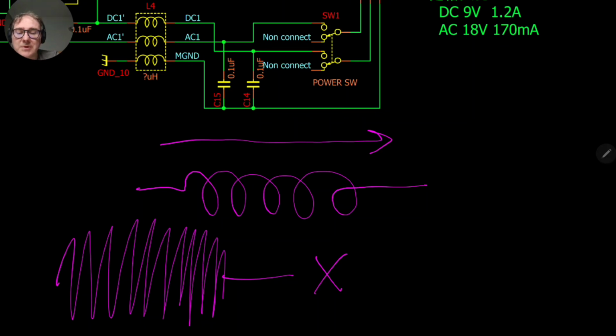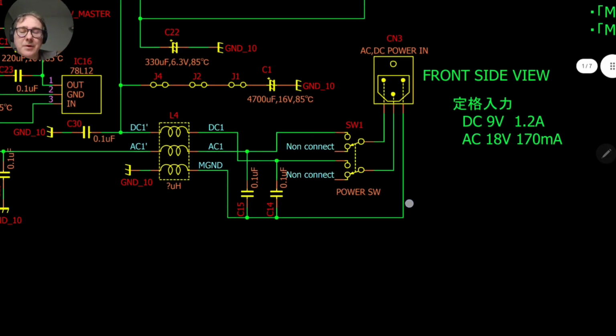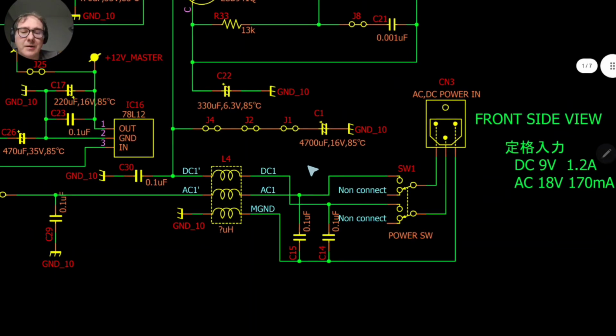In practice, what happens is that it generates a magnetic field around it, which is then reabsorbed and emitted as current. DC current goes through, AC current is blocked. In here, you might be thinking, okay, but we are supposed to have DC from here.